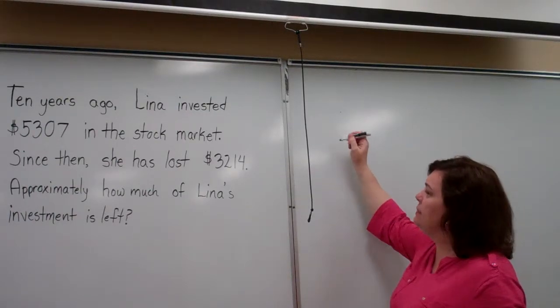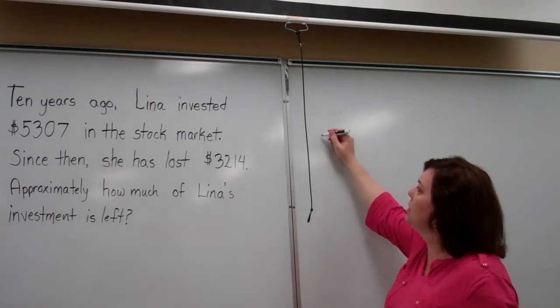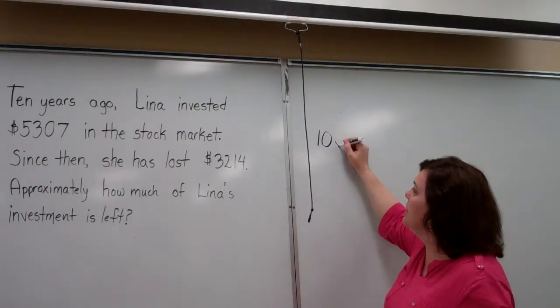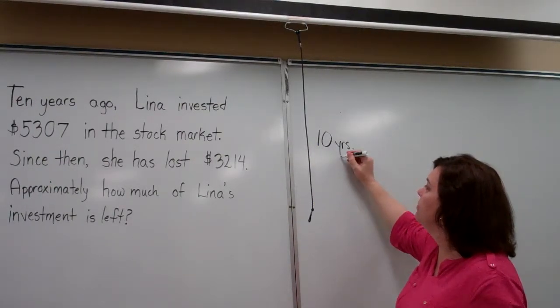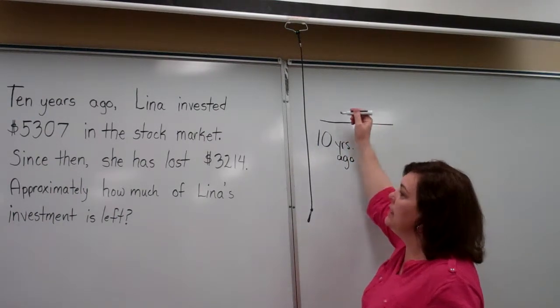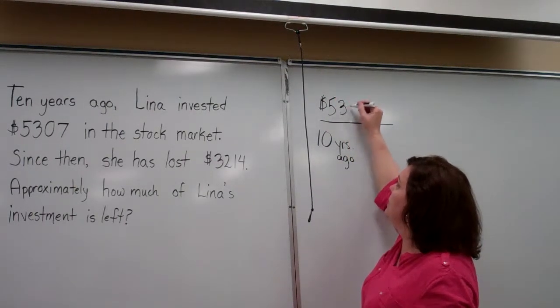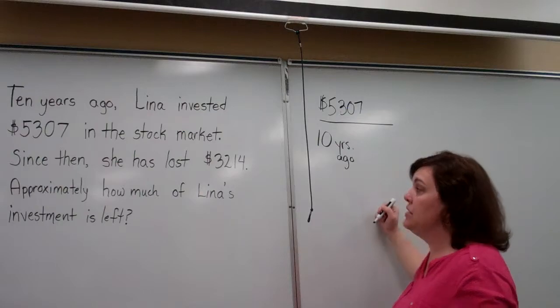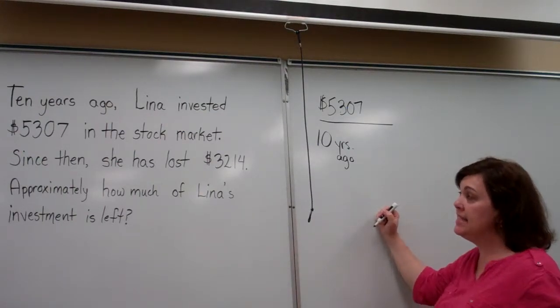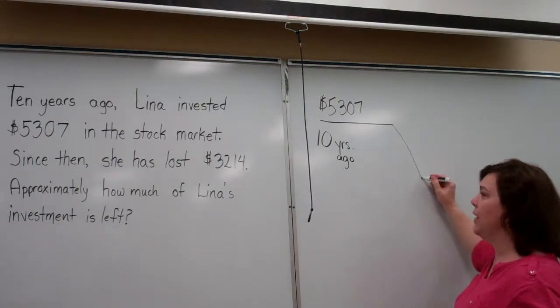The first thing that I think about is more of a line, maybe a number line or a timeline of some sort. And I'm just going to put 10 years ago here. Lena had $5,307. Now time has passed. It says since then she has lost some money. Oh, lost makes me think we're going down here.